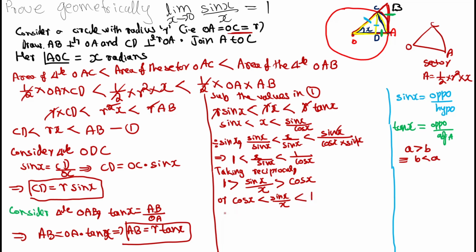Next step is taking the limits. In the question the limit is x tending to 0. So the limit as x tends to 0 of cos x is less than the limit of sin x divided by x, which is less than the limit of 1. Substituting 0 in place of x, we get cos 0.